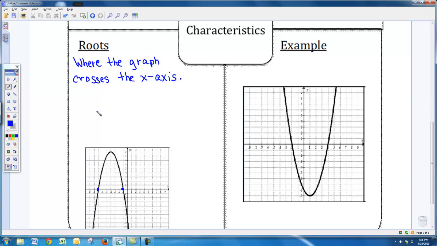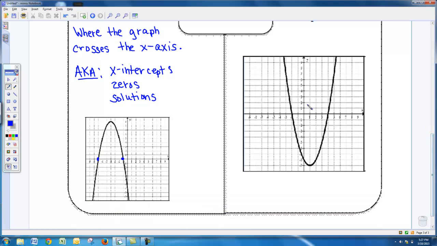Okay, some other names for roots are x-intercepts, zeros, or solutions. All of these words mean roots, and we'll be using them interchangeably throughout the unit.